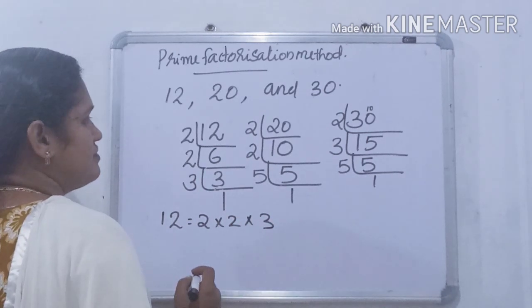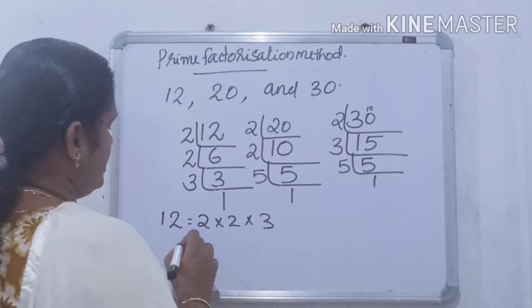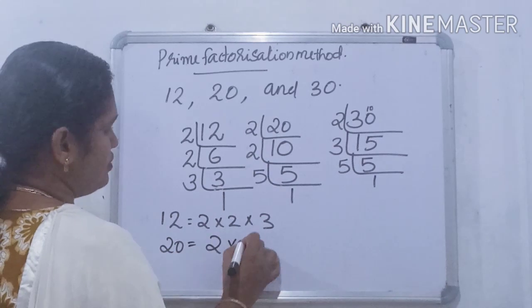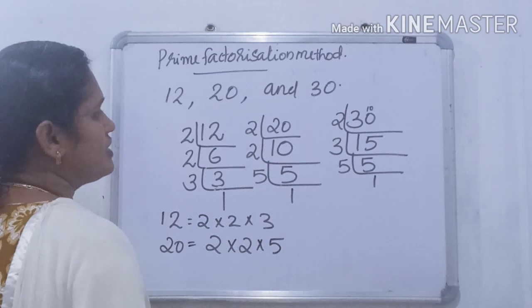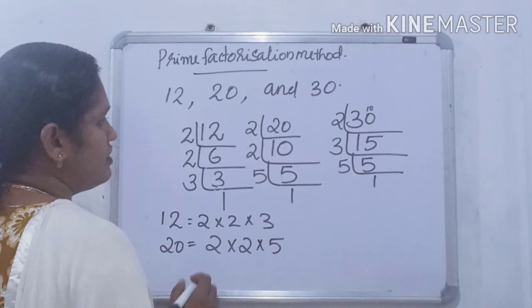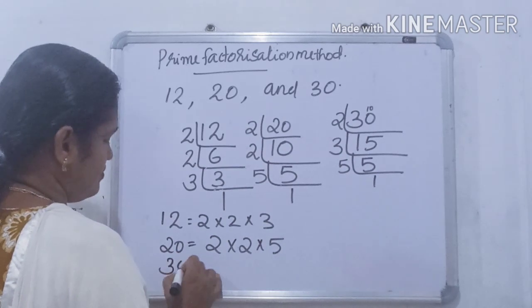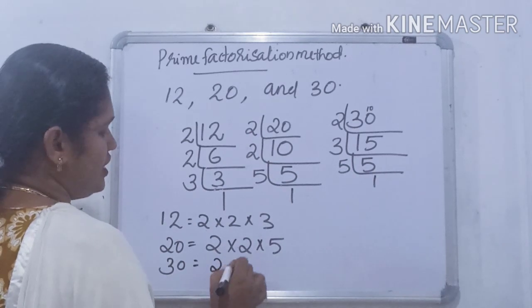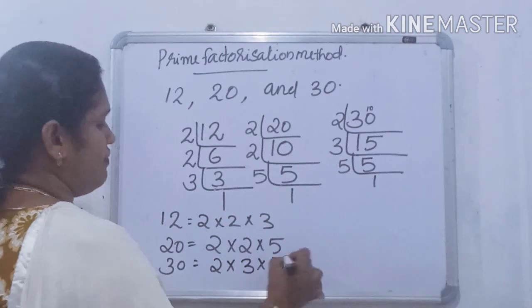Then 20 equals 2 into 2 into 5. Then 30 equals 2 into 3 into 5.